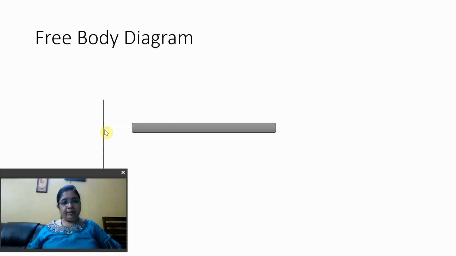Now, this is a free body diagram for a plank which is attached here. When you see this here, there is a gravitational force always. But this plank is not allowed to move this way or this way. So there is a plate force here.